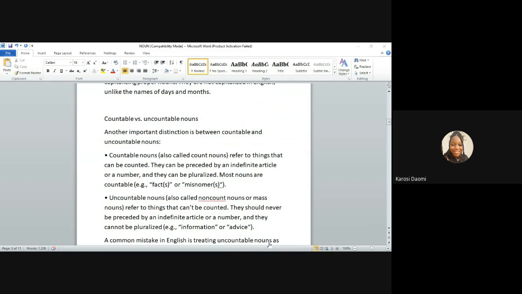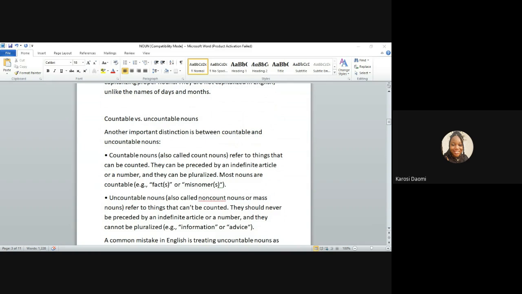For example, uncountable nouns are information and advice. You cannot pluralize information. You don't say "I have informations for you." No, it's "I have information for you" or "I have a piece of advice for you."